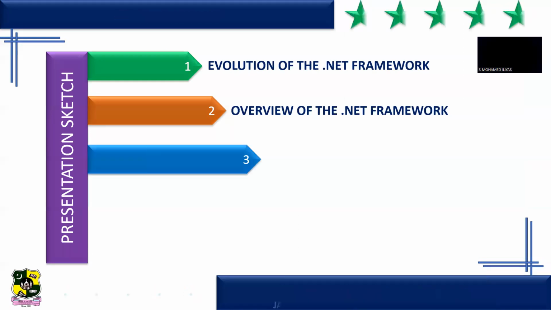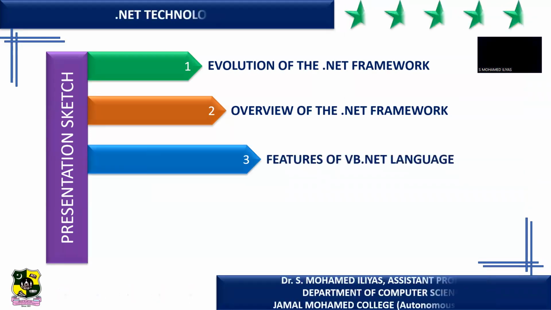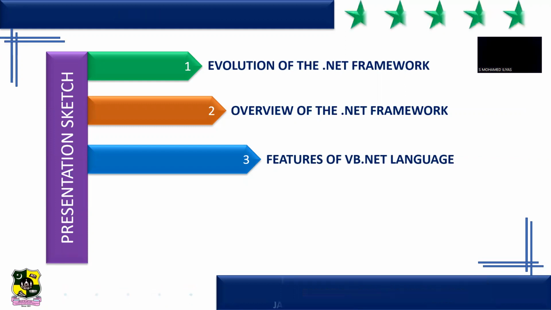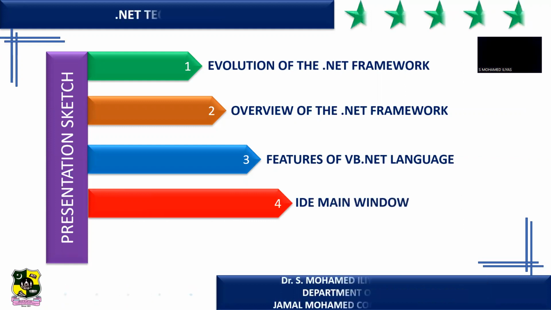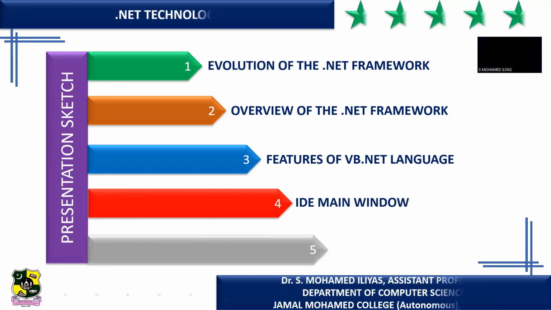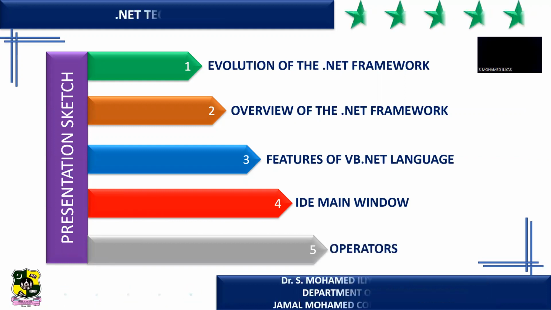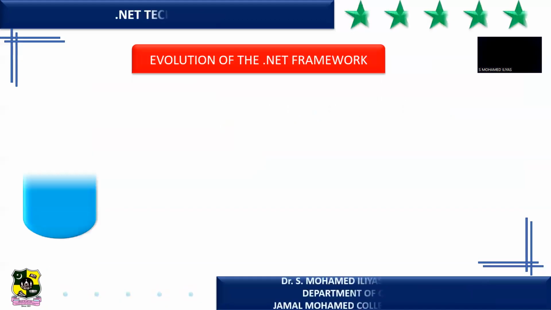Number three, features of VB.NET language. Number four, IDE Main Window. Number five, operators supported by VB.NET. So first topic, we are going to discuss the evolution of the .NET framework.